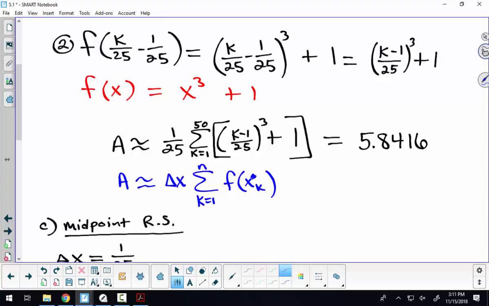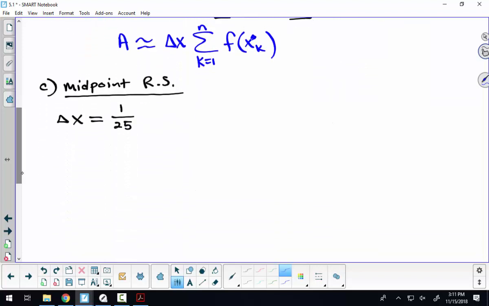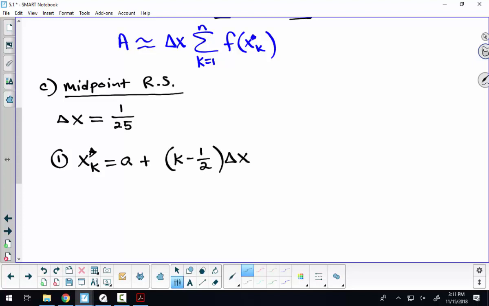Okay. And then for the midpoint Riemann sum, delta x is 1/25. Our x star sub k is a plus k minus a half delta x.